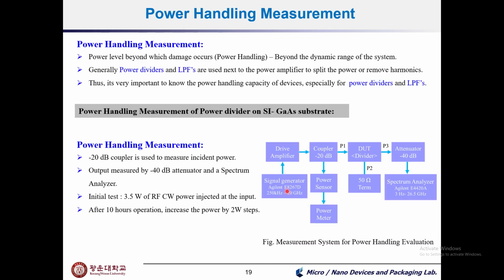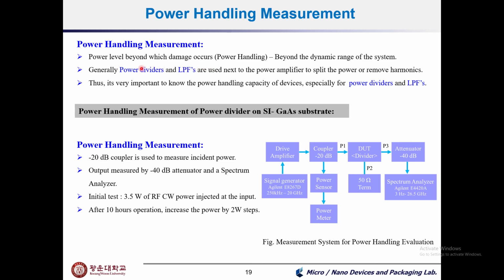Another important aspect of the measurement system is the power handling measurement. Power handling is the limit which determines the power handling capability of the IPD devices.